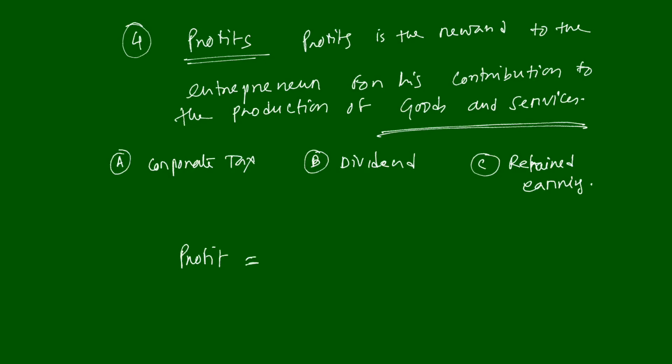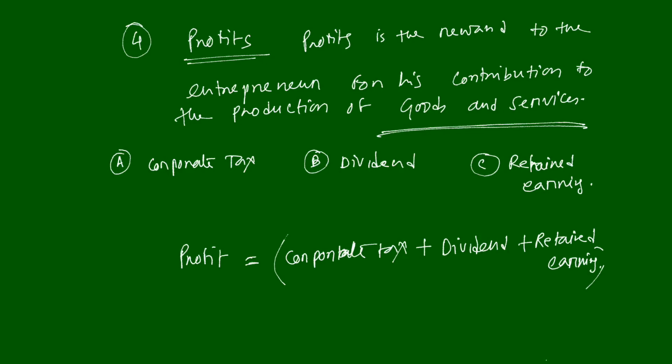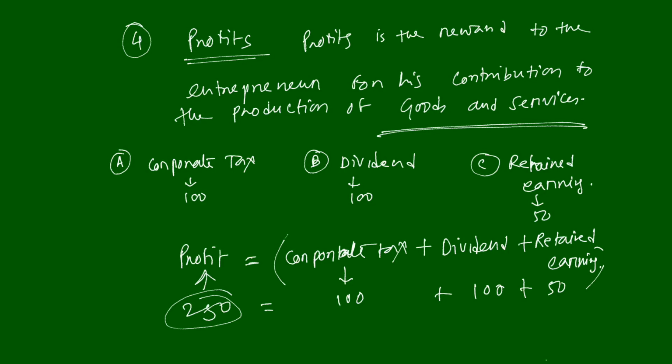If you calculate profit, always remember corporate tax plus dividend plus retained earnings is called profit. For example, if corporate tax is 100, dividend is 100, and retained earnings is 50, then 100 plus 100 plus 50, that is 250, is profit. So you have to remember that.